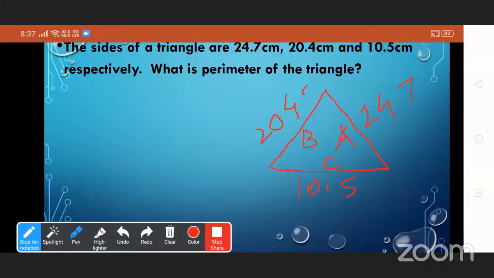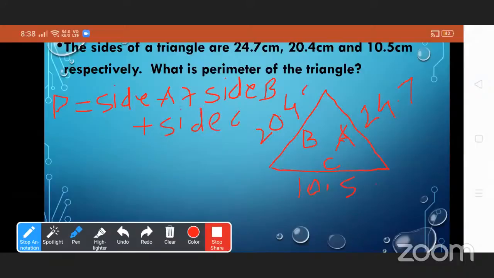The formula for perimeter: all of you know now, we have to add the sides A, B, C. Side A plus side B plus side C. Side A is 24.7 plus 20.4 plus 10.5. Okay, now do the addition.